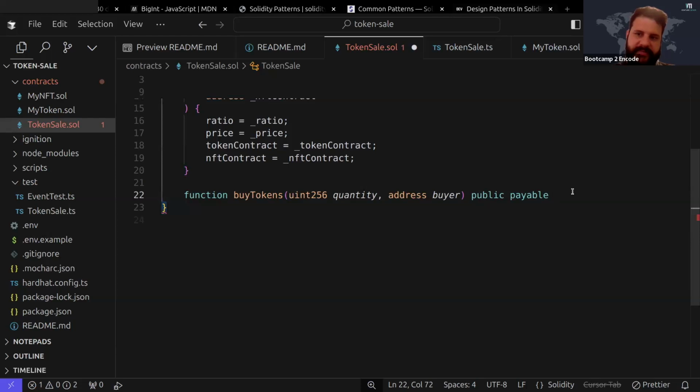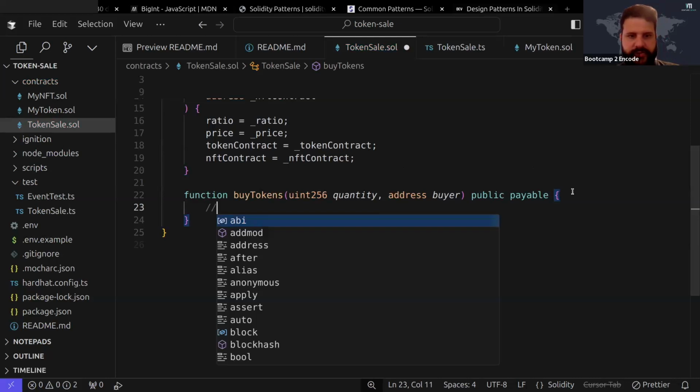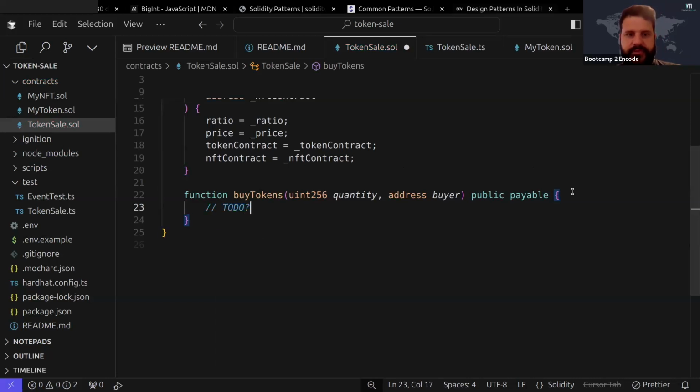Let's start implementing this function here. So the first thing to do, or maybe the to-do: how to charge ETH from the buyer. Let's see if you remember that from week 1.